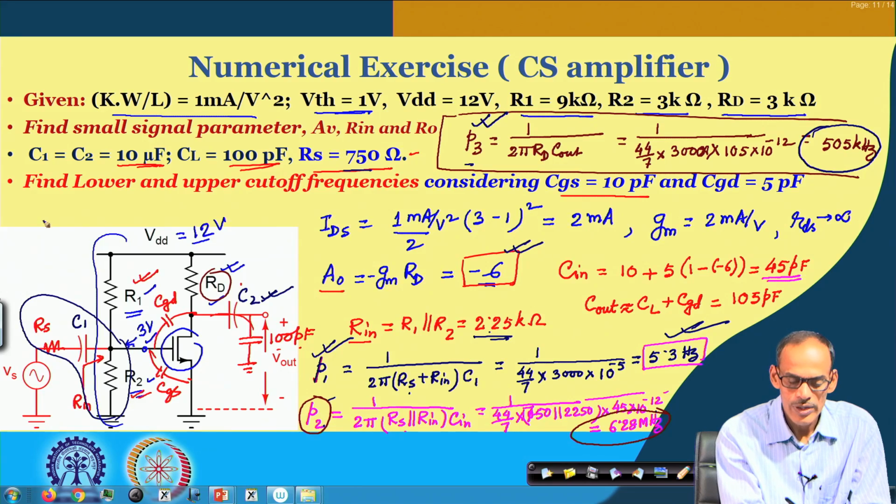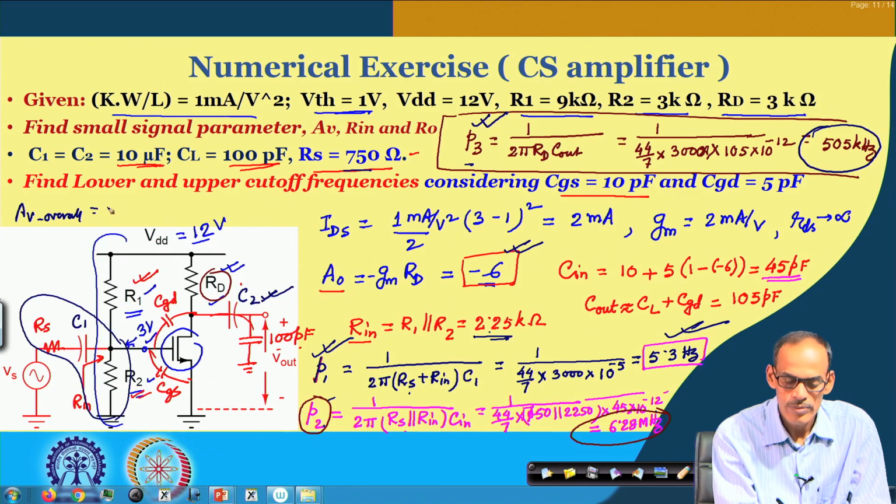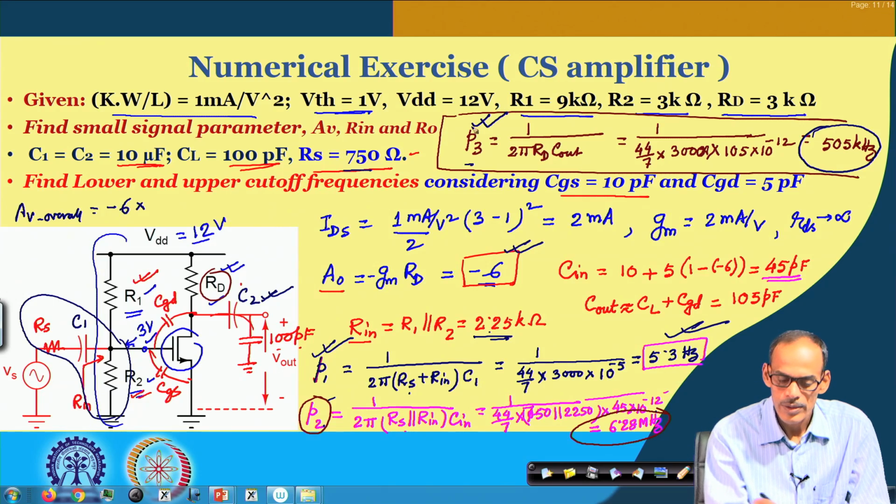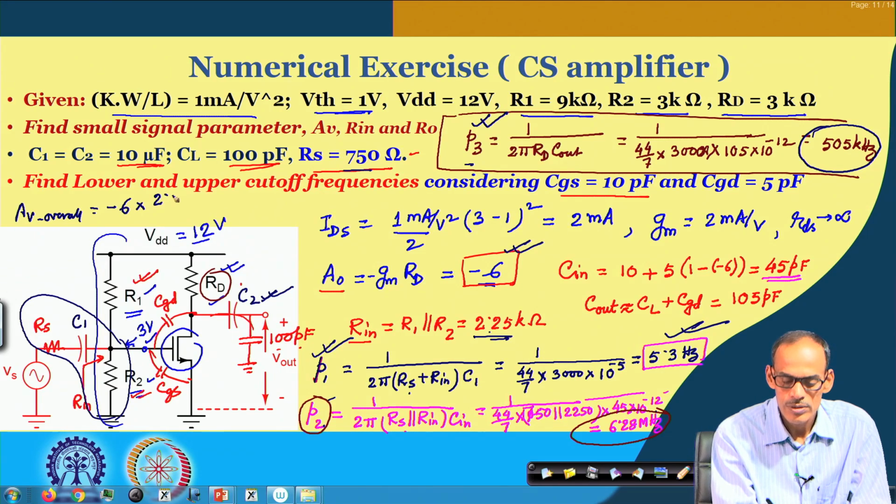So the overall gain A V overall equals minus 6 multiplied by 2.25 divided by 2.25 plus 0.75.